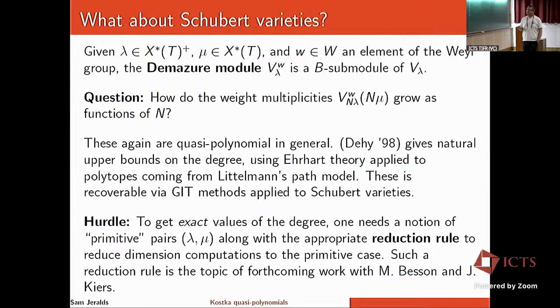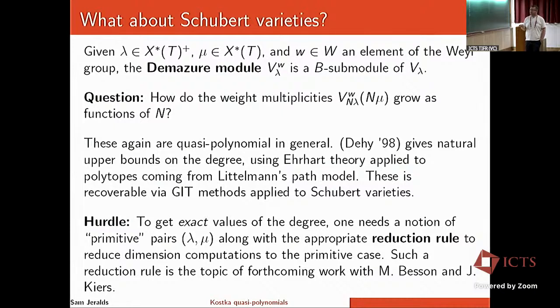How do you get the exact formula? You need some notion of this primitive pairs condition. All of the exact equalities were for these primitive ones. So the question is, what are the primitive ones, and do you get a reduction rule to replace a weight space computation for lambda, mu, w with a smaller one, particularly of a Levi?